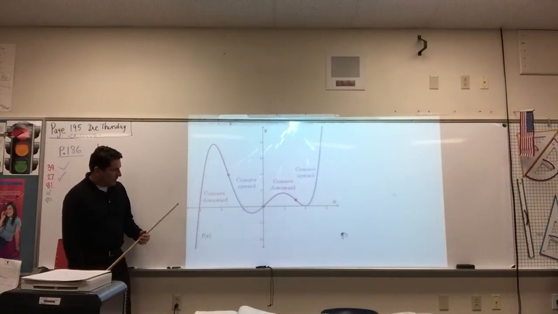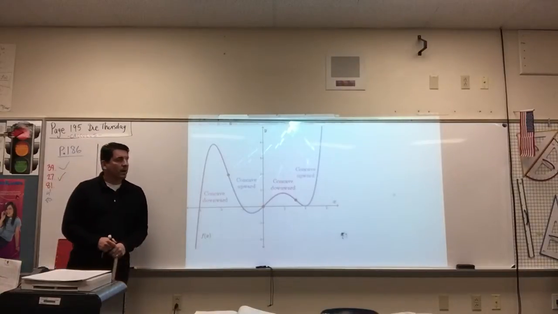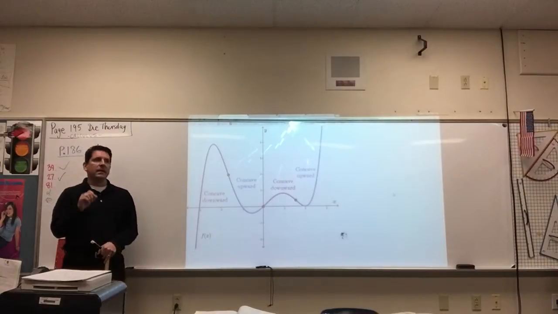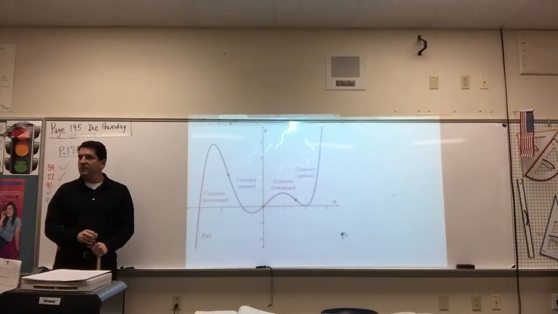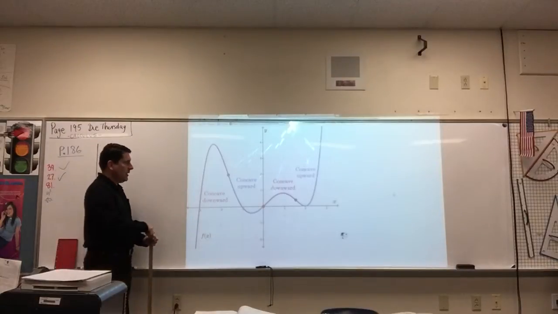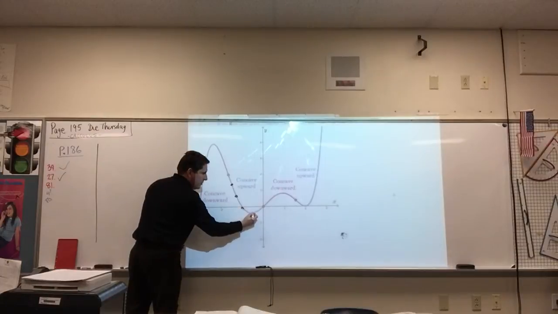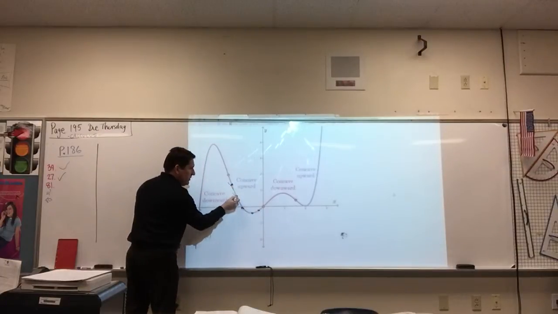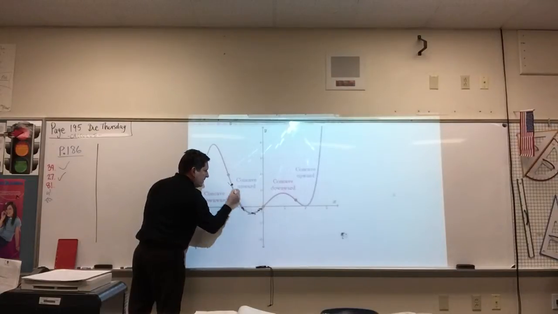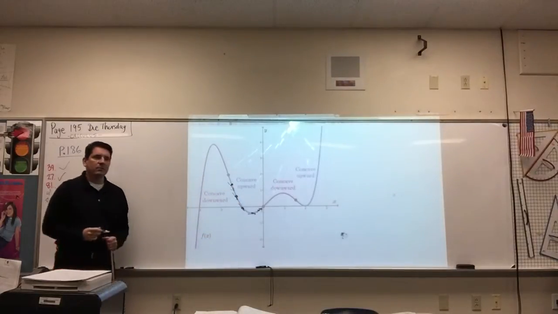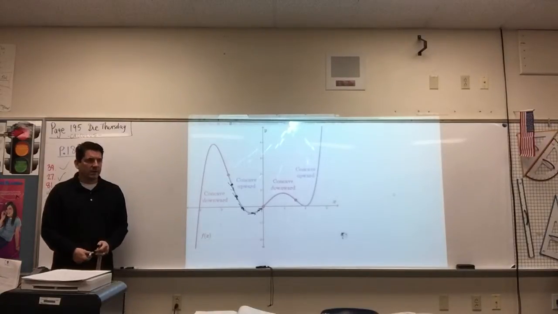We also described that concave downward and concave upward are technically defined by how the slopes are changing. That is, how f prime is changing. So if I put a series of dots on here and I look at the actual slopes, and I put the little arrow on them because we always go from left to right, tell me what's happening to those slopes as we go from left to right. They are all increasing.